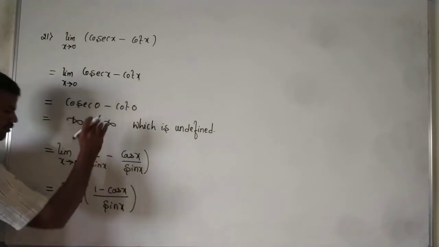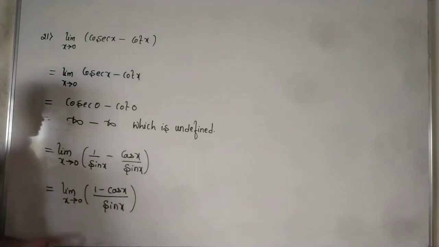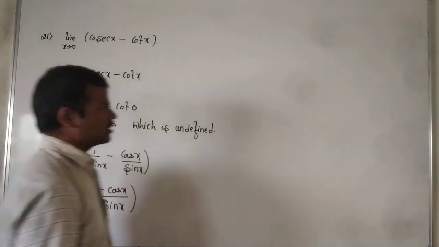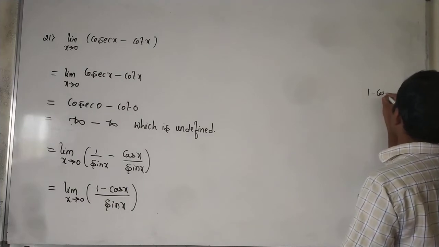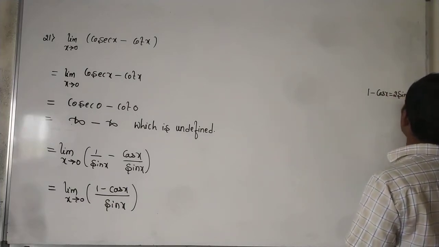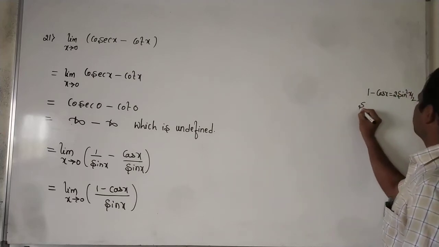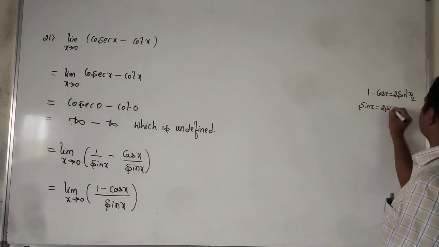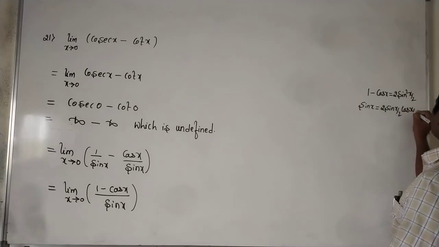Still, if we put the limit once again we get the same form, so we have to simplify this. We have to use the formula 1 minus cos x is equal to 2 sin square x by 2, and sin x is equal to 2 sin x by 2 into cos x by 2.